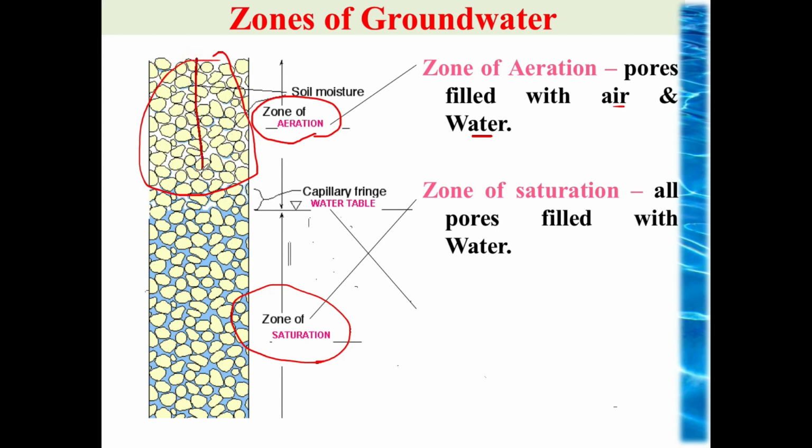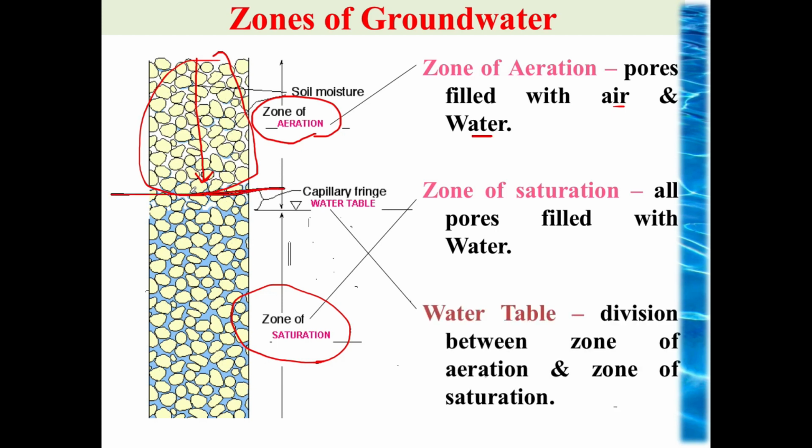Soil moisture is up to this, and beyond this it becomes fully waterlogged, known as the zone of saturation. This line here is known as the water table. It's defined as the division between the zone of aeration on the top and the zone of saturation below. It's the topmost layer of the zone of saturation. That's the water table.